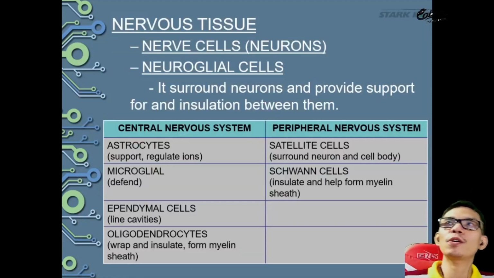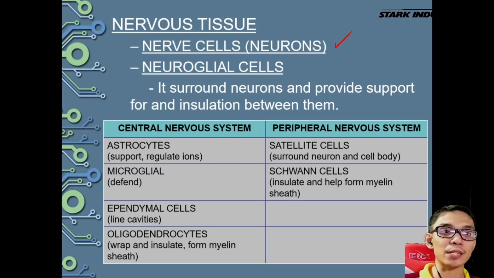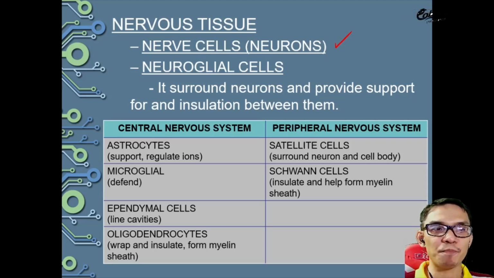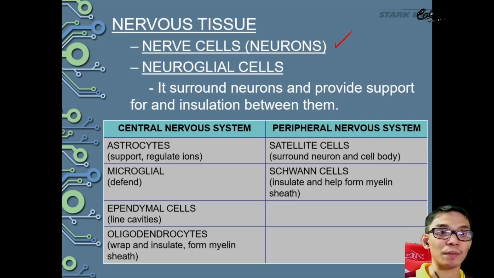All right, so we are done with the nerve cells. The next one that comprises the nervous system is the glial cells. These glial cells are designed to support and insulate the neurons in between.